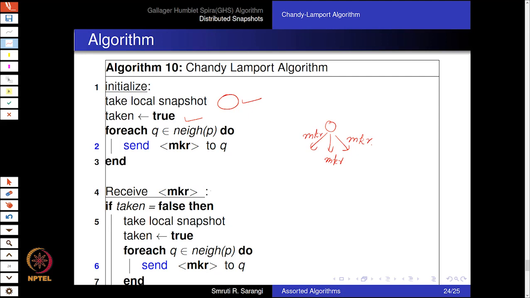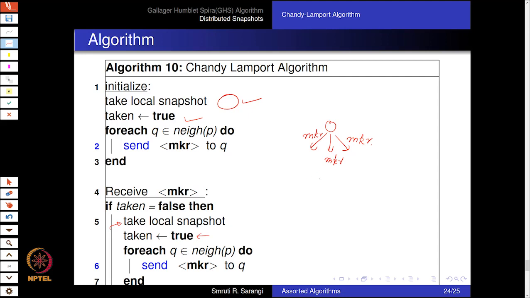Then what happens when a marker is received? If taken is equal to false, if a snapshot has not been taken, then the neighbor takes a local snapshot, sets taken to true, and again for each of its neighbors, it sends the marker.